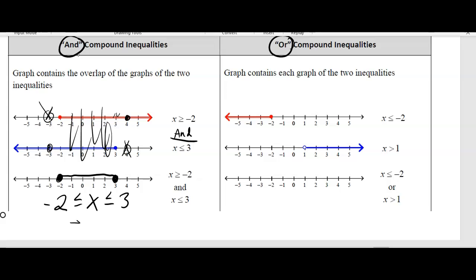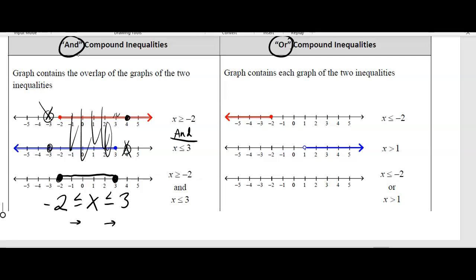My inequality signs always face the right. My smallest number is always on the left, and my biggest number is always on the right. So my solution has to satisfy all of this. It has to be greater than or equal to -2 and less than or equal to 3. More of that to come.